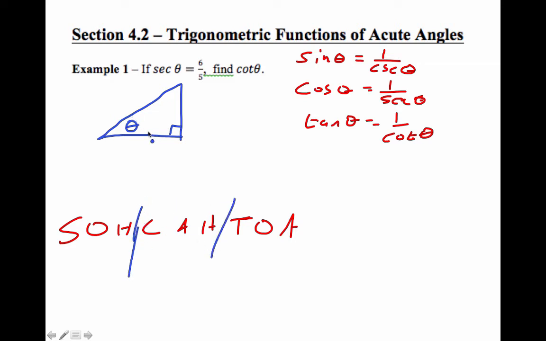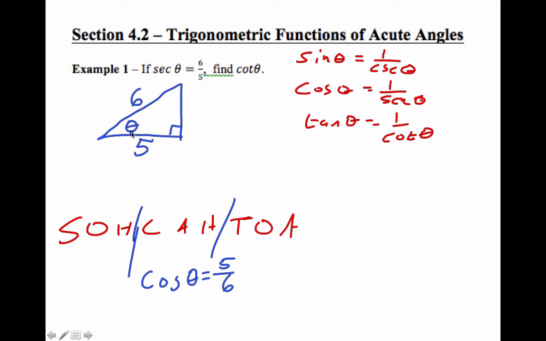Cosine is adjacent over hypotenuse, and that means that if the secant is 6/5, the cosine would be 5/6. So we are allowed to flip them over. If the secant is 6/5, the cosine is 5/6, and now I just go off my CAH. Adjacent is 5, hypotenuse is 6.